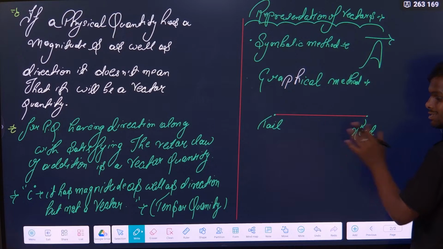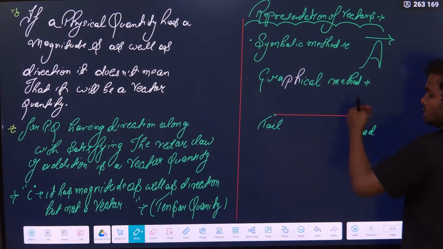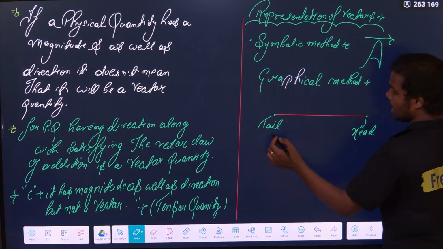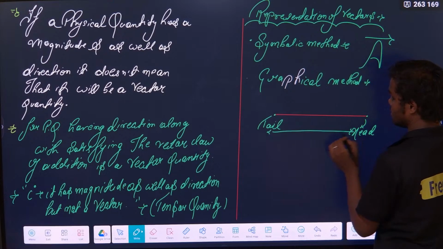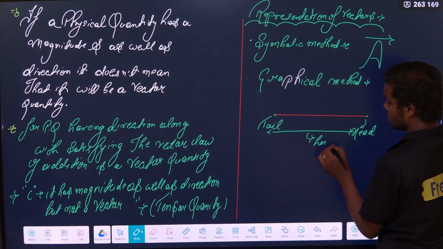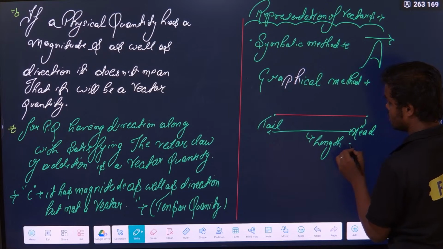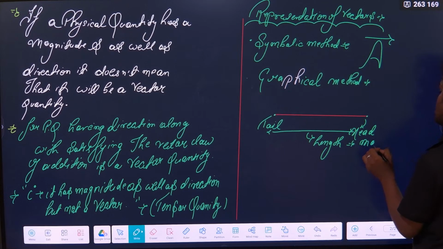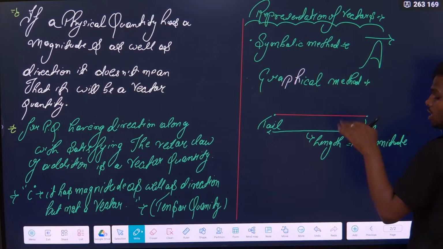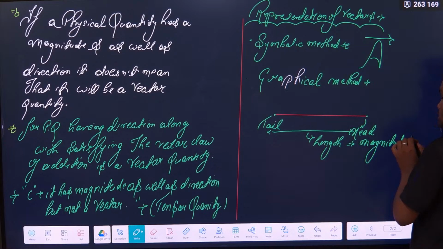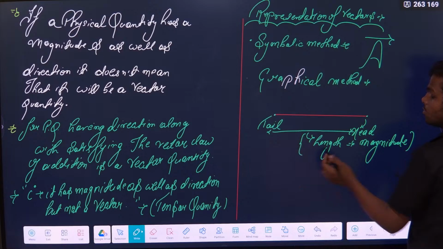So this is tail, this is head, meaning the vector is going from here to here, so that is the direction. Okay, and this is the length, which is equal to the magnitude, because there are two things for a vector, direction and magnitude. Direction you get from tail to head, but the length tells us about the magnitude.